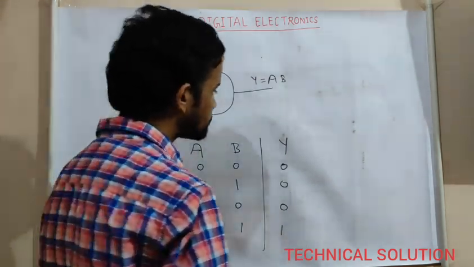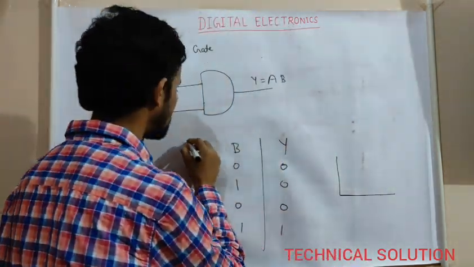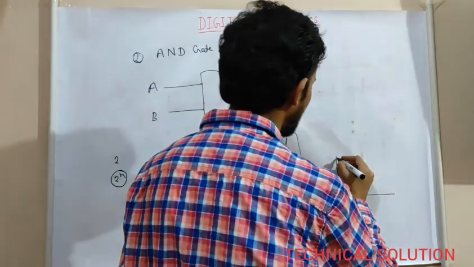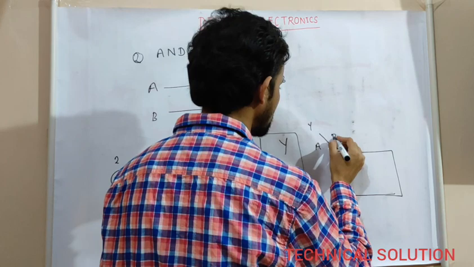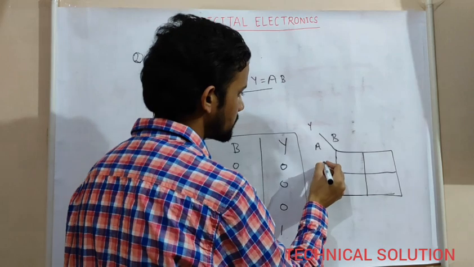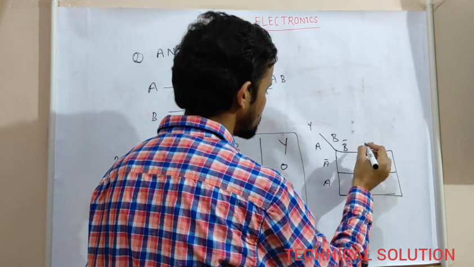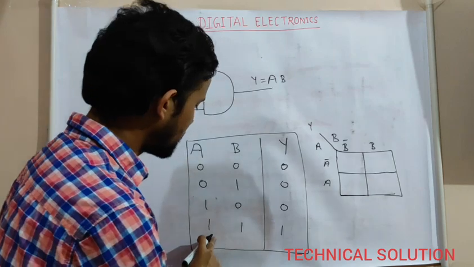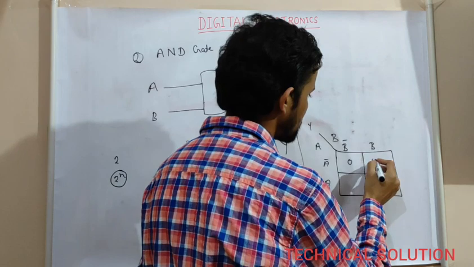So if we solve using K-map, then we get output as Y, this is A, this is B. This is A bar and this is A, this is B bar and this is B. So at A and B we get output as 1, otherwise all are 0.